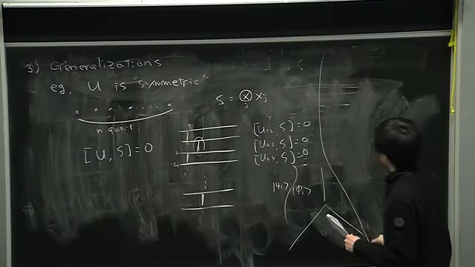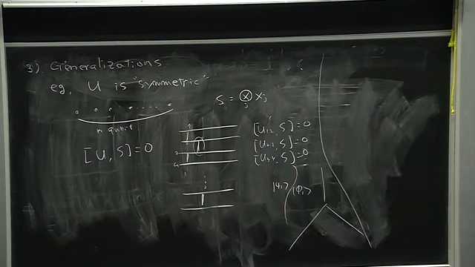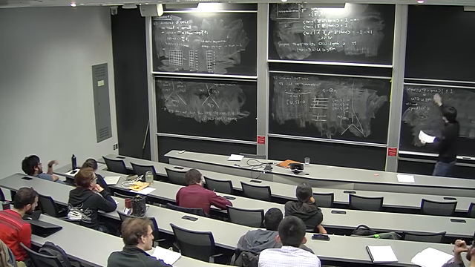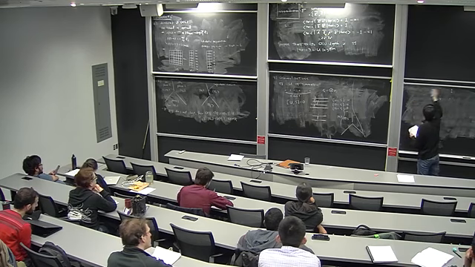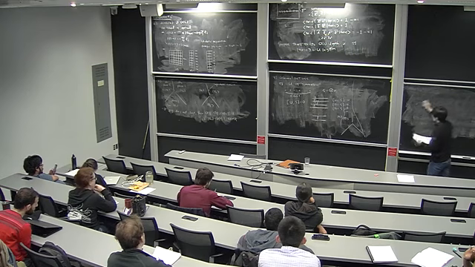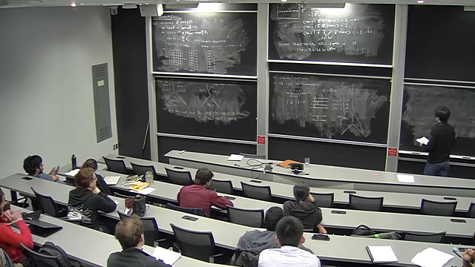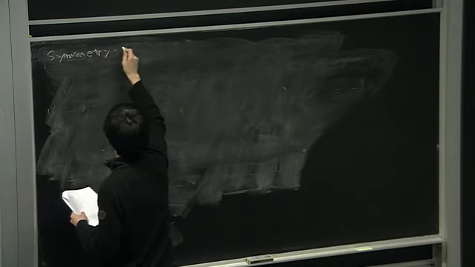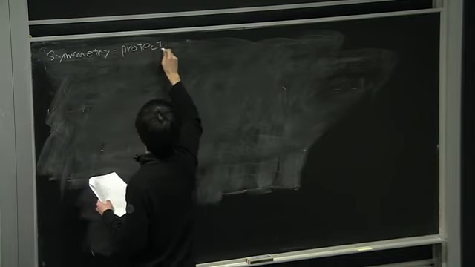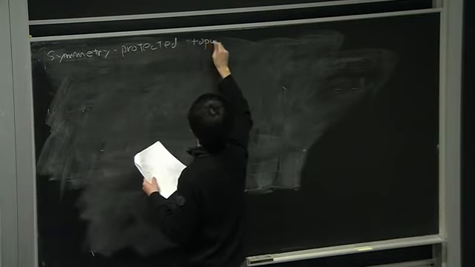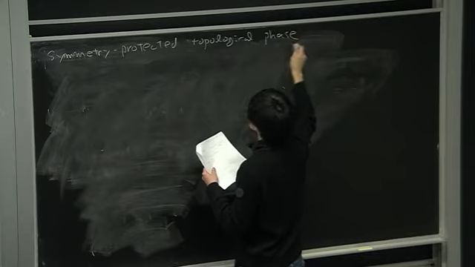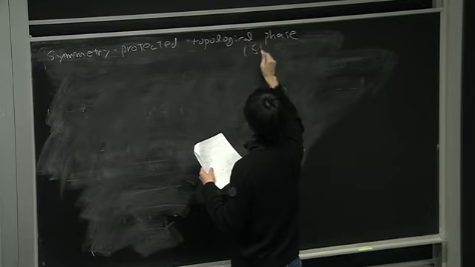I don't want to use too much code, so that's fine. I will just mention one very important example of such phases of matter, which is called symmetry protected topological phase, which is often called SPT phase.